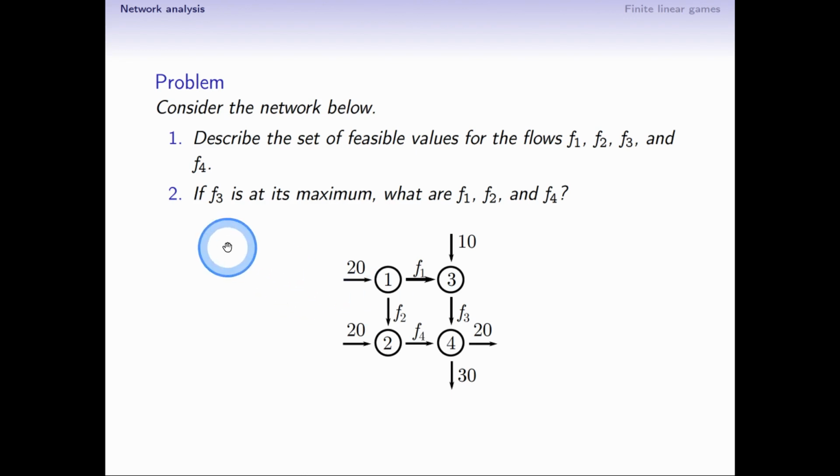Part 2 says if F3 is at its maximum, so if the flow along this pipe is at its maximum, what are the values of F1, F2, and F4? Okay, so let's head over to the document camera. I'll show you how to use this conservation principle to write an equation at each and every node. We'll set it up as a system of equations, which we can solve very easily through row reduction, and I'll show you how we can describe the solutions to parts 1 and 2. All right, join me there.